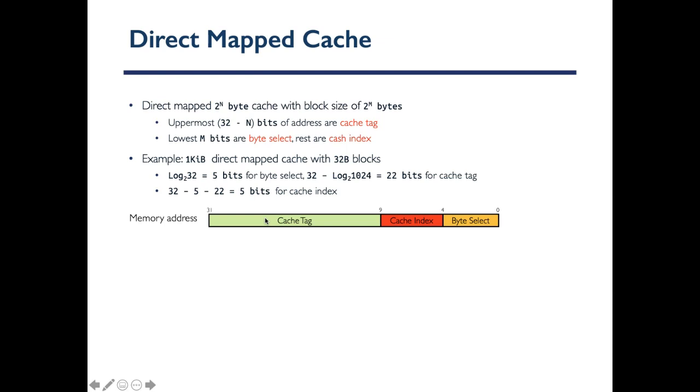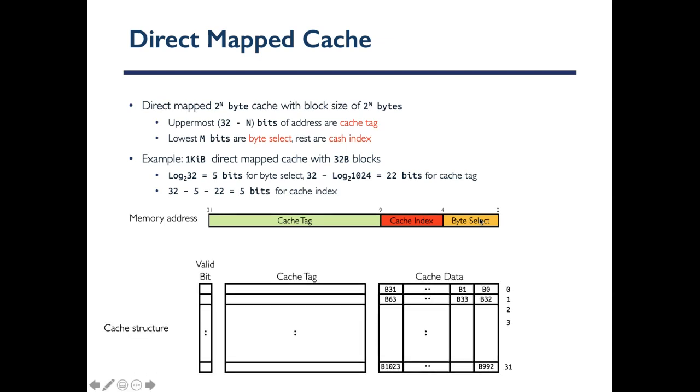So again, this is direct map cache. Each memory location should be cached in a particular location. So we only have one set in our cache, and that one set has all the blocks in it.